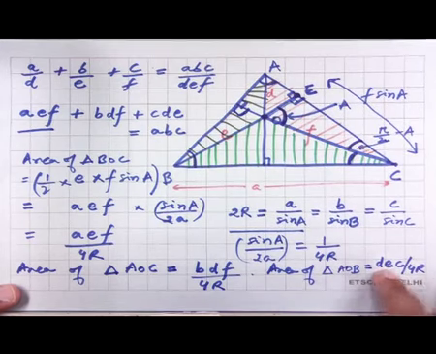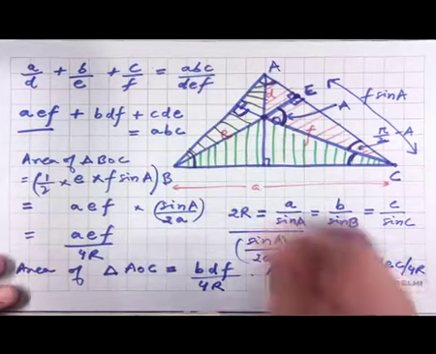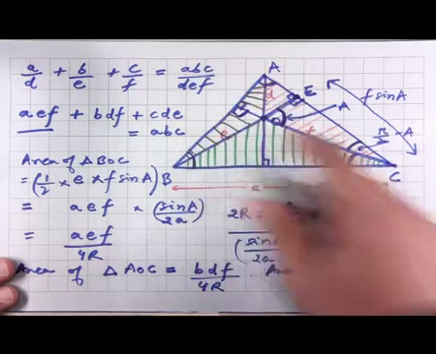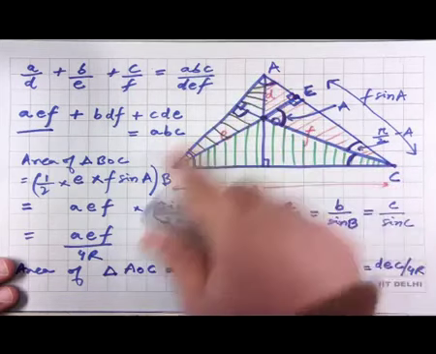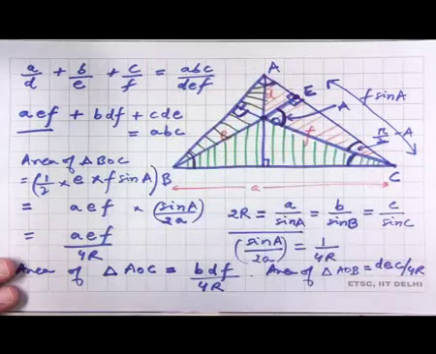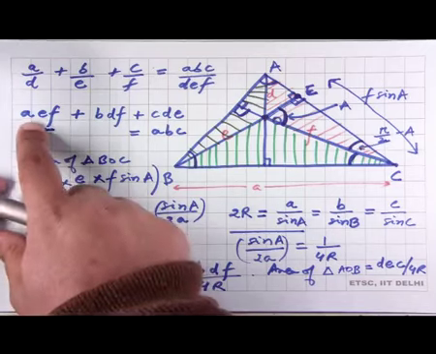So, this DEC is basically this third term, and one can now clearly see that if we add up these three areas, then we get the entire area of the triangle ABC, and that is what is happening here. We are adding these three terms.